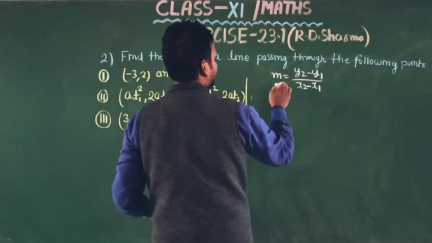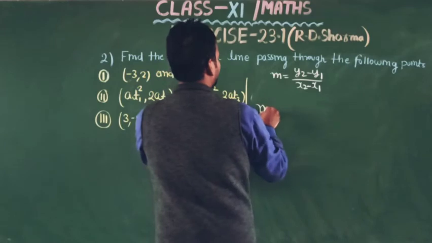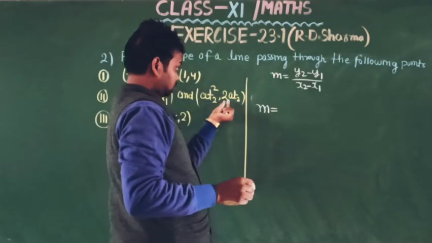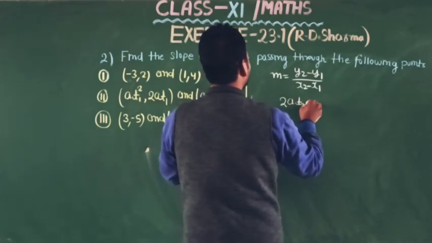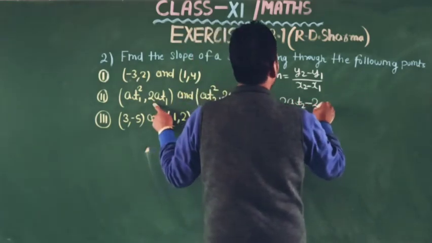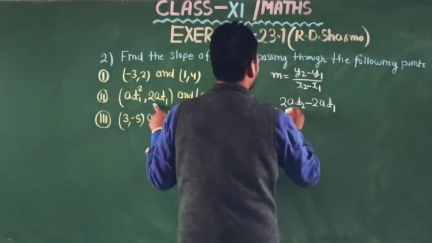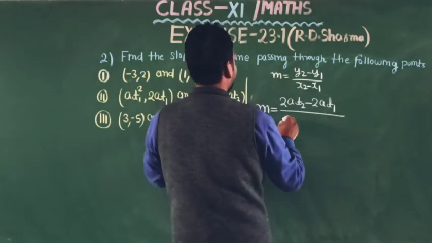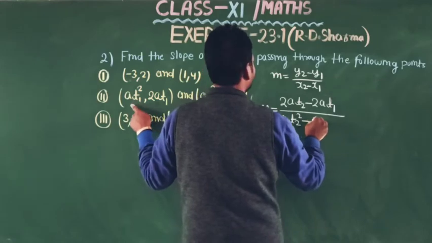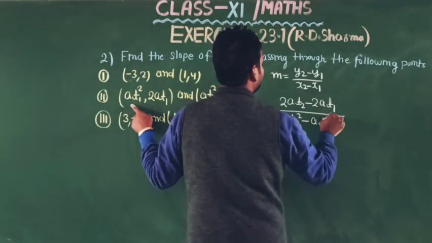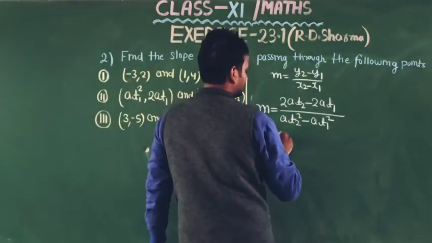So the slope of a line passing through 2 points, m equal to y2, which is 2at2, minus 2at1, upon at2 square minus at1 square. Okay, so now simplify.